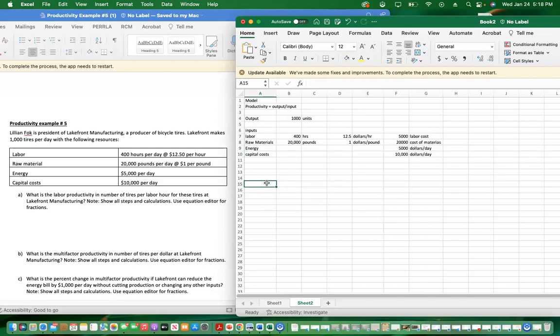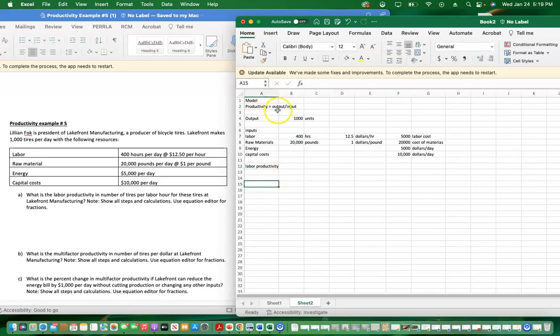So there are two ways of finding labor productivity. In this case, you know that we can use the labor hours and also the cost of labor. Labor productivity, as we said, is output divided by the input. In fact, you can put the equal sign and then take 1,000 divided by the labor hours.